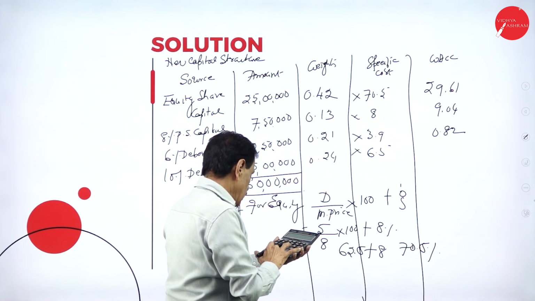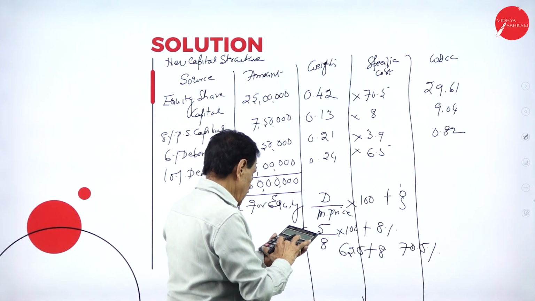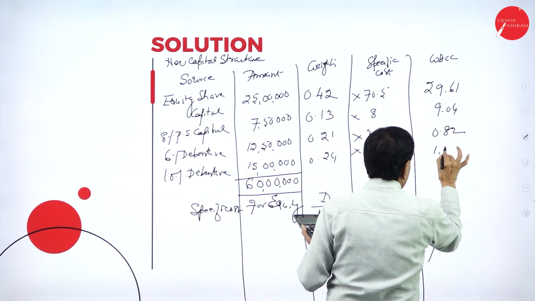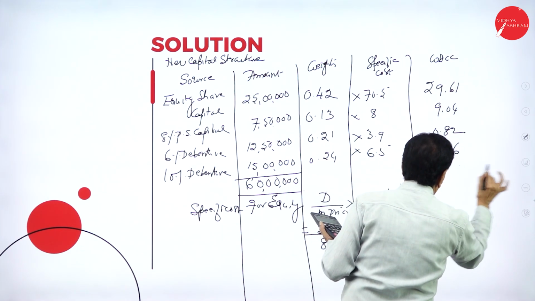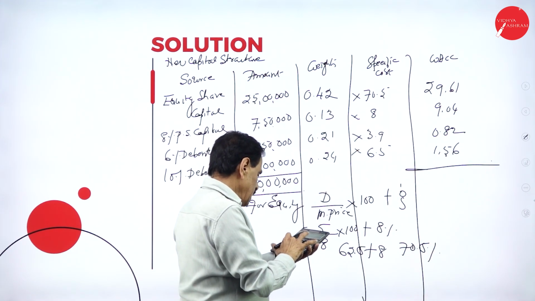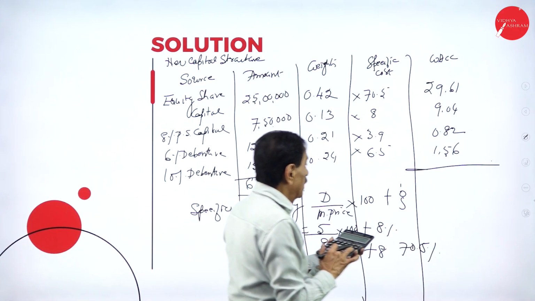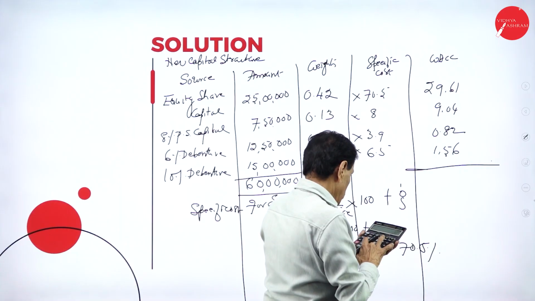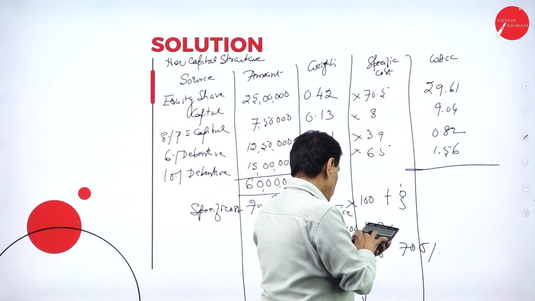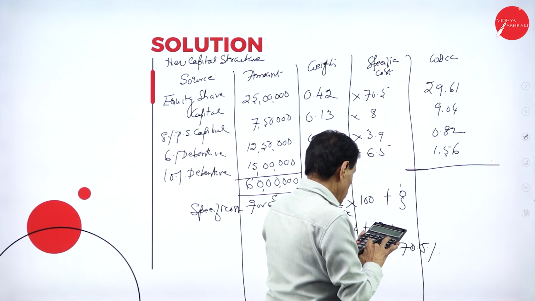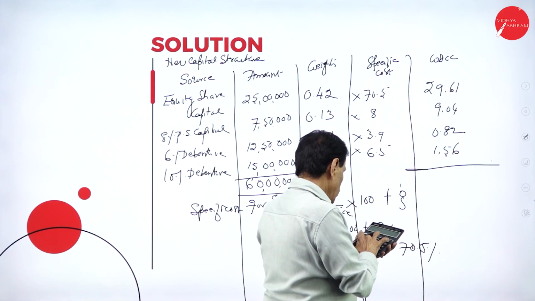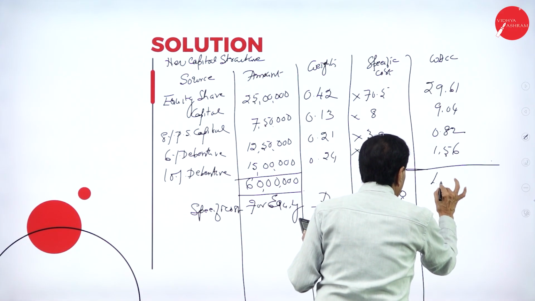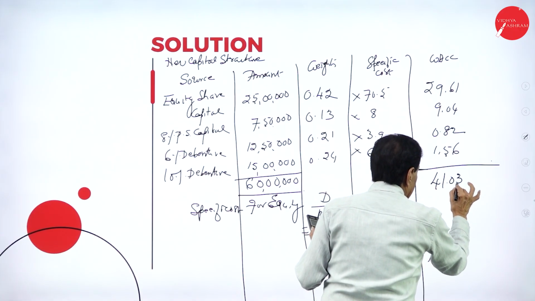Then 0.24 into 6.5, 1.56. Add: 29.61 plus 1.04 plus 0.82 plus 1.56, 33.03 percentage.